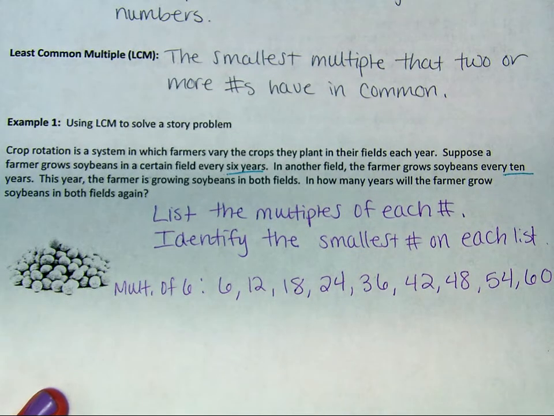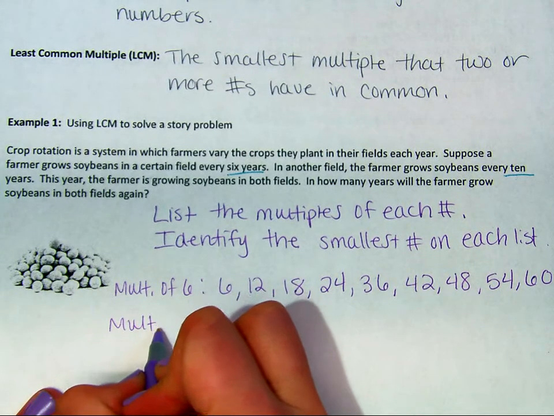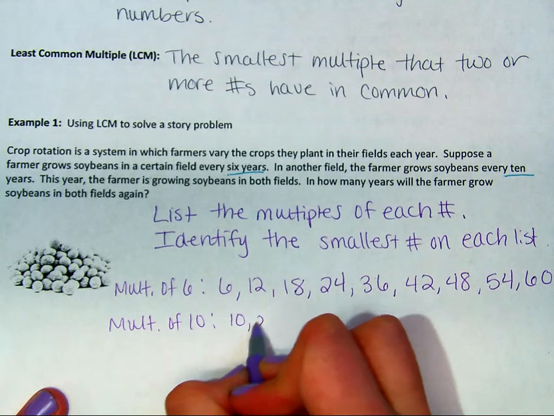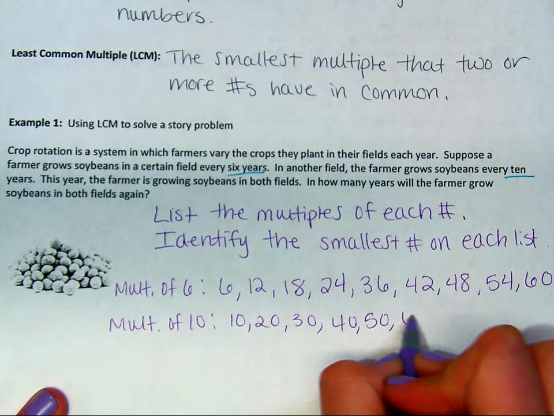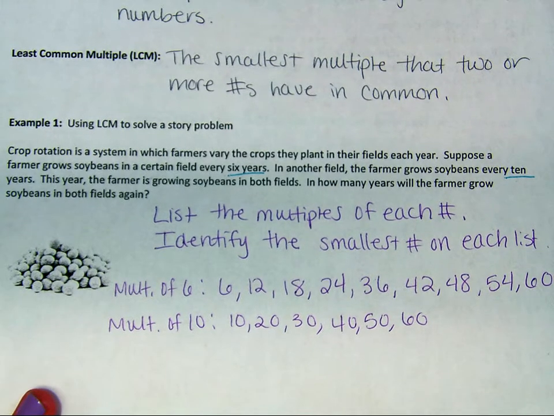I'm going to stop at 60 because I ran out of room. Okay, next we're going to write down the multiples of 10. So the multiples of 10 are 10, 20, 30, 40, 50, 60. I noticed the same multiple here, so I'm going to stop. Actually, I noticed a couple that are the same.